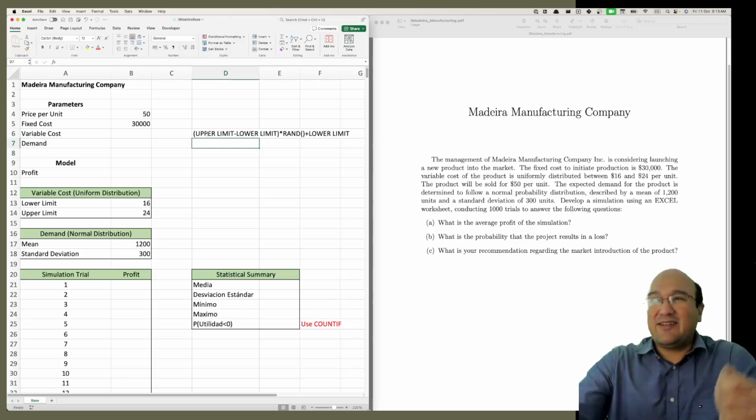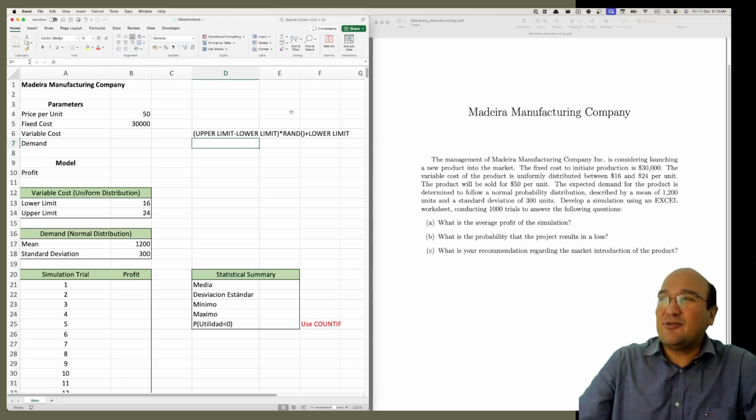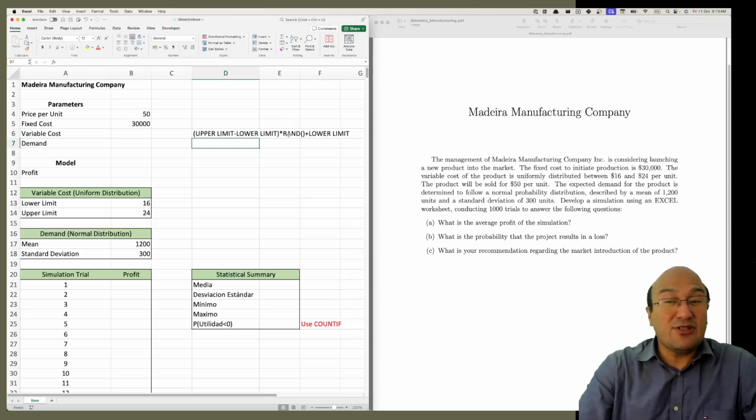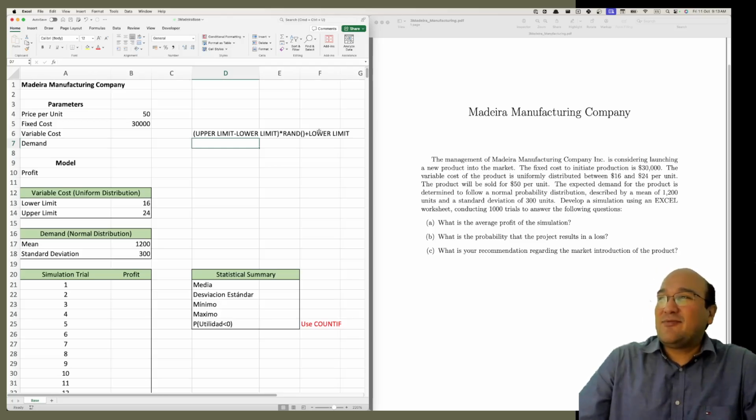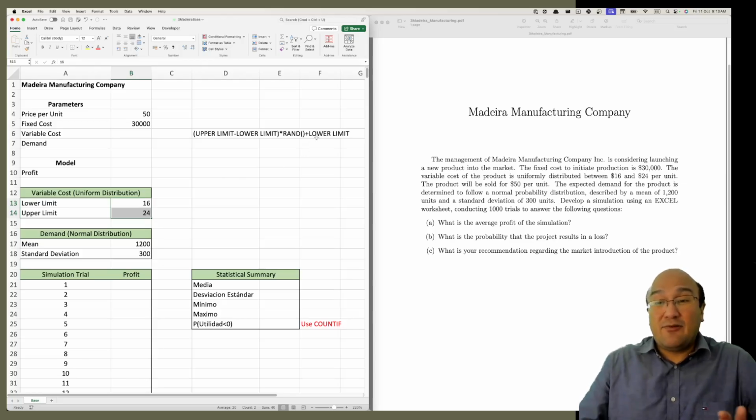In this case, the length is 8, so if you multiply by random, you are generating a random number between 0 and 8. And to finish, in order to translate this interval to start at 16 and to end at 24, we add the lower limit. We are translating that interval from 0 to 8 to 16 up to 24.